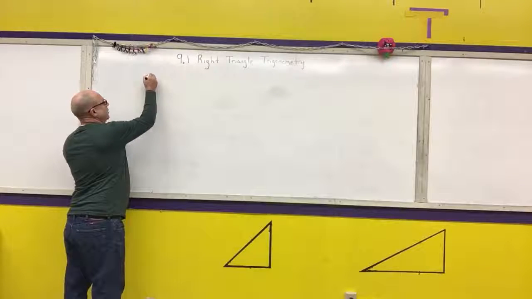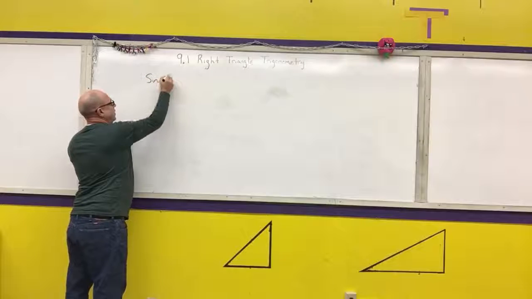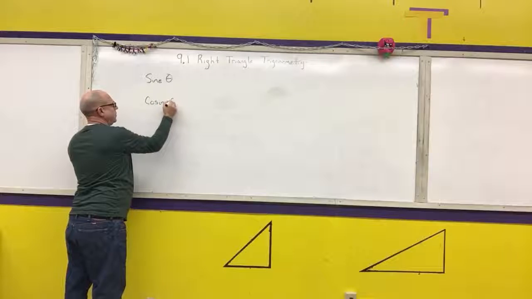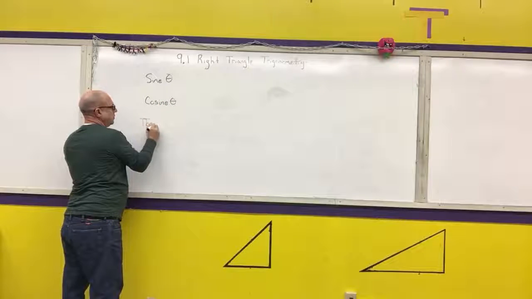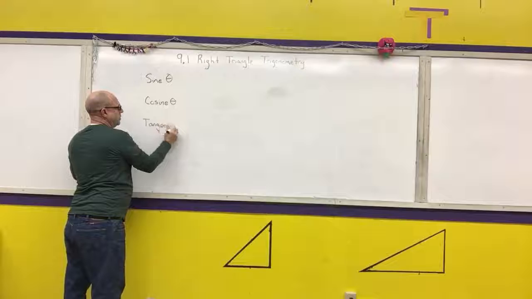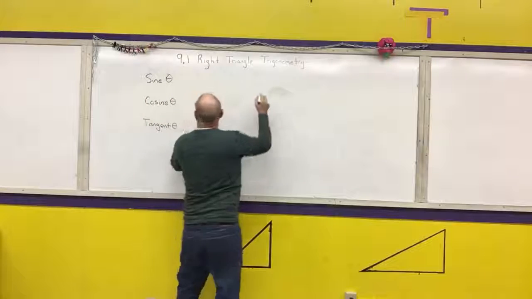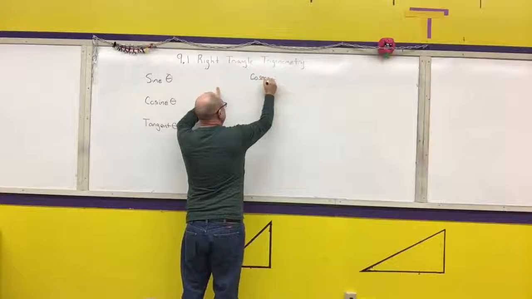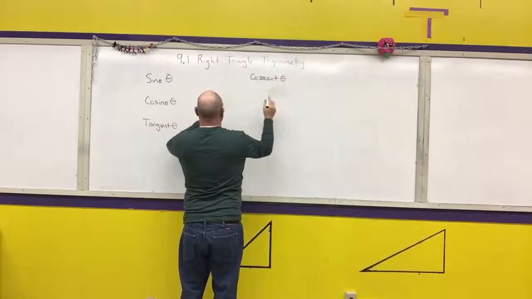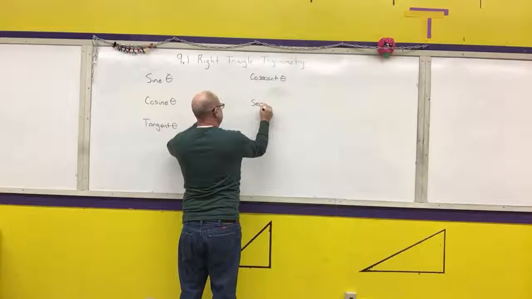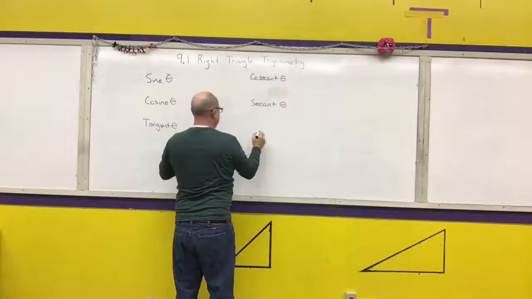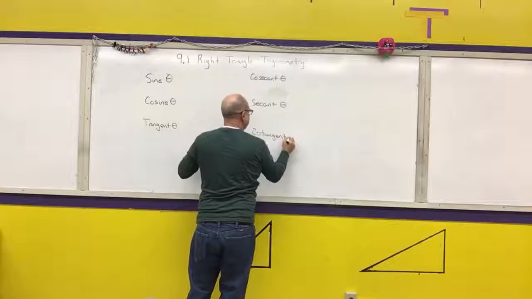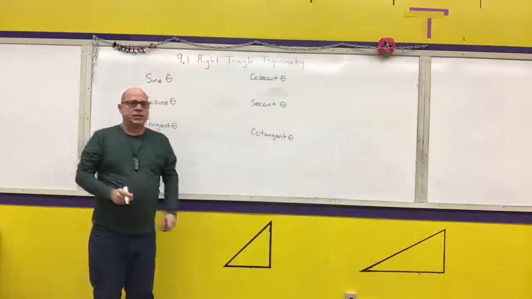They are sine of an angle, cosine of an angle, tangent of an angle, cosecant of an angle, secant of an angle, and cotangent of an angle.